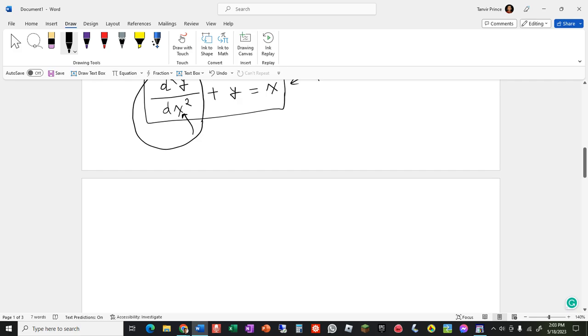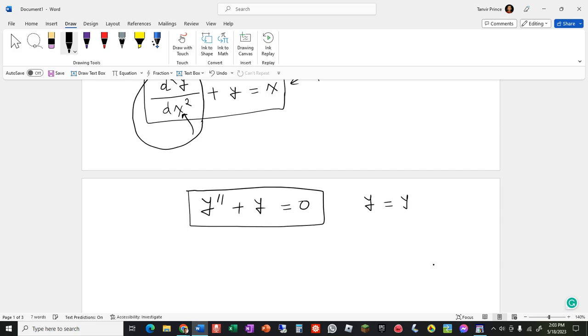But for example, if I give you just this differential equation, of course, y is the unknown function, but is it a function of x? Sometimes we might want it to be a function of t. We're not 100% sure, and it's okay.